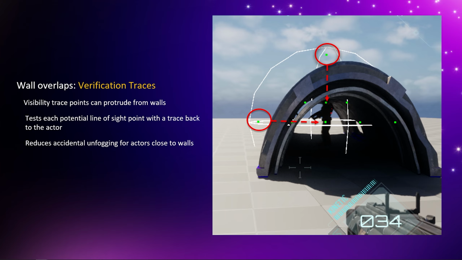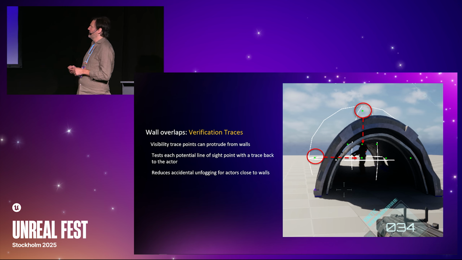It's worth bringing up the need to perform extra checks. Take this guy standing in this little half pipe: you can see that some of the visibility points that we're using are actually outside of the walls that they're standing in. They overlap, which means for players standing next to the wall, this NPC would always be unfogged.